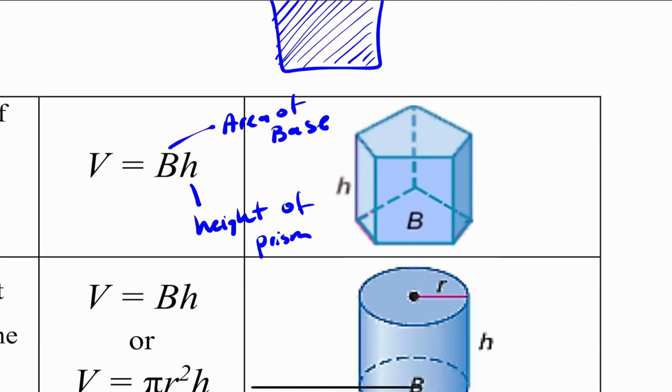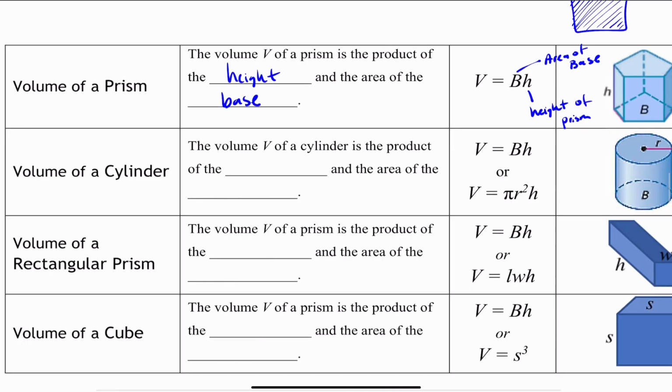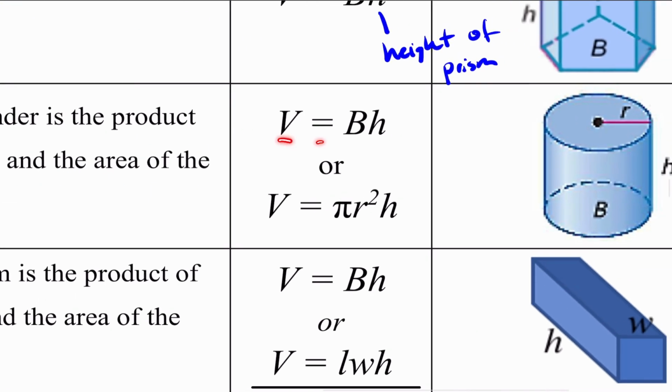So this is a prism. We have these two bases here. They're facing each other, separated by the height. So once you figure out the area of the base, you multiply that by the height. Now, the volume of a cylinder, the volume V of a cylinder, is the product of the height and the area of the base. So V equals BH. We already explained what big B and H are.